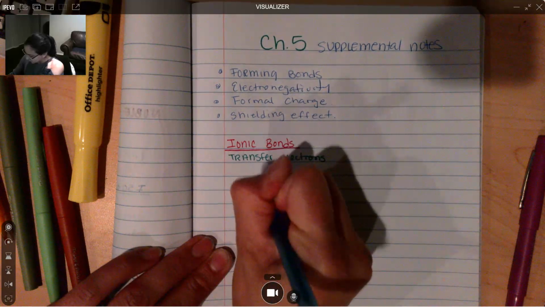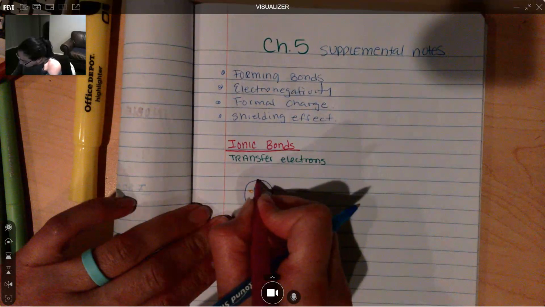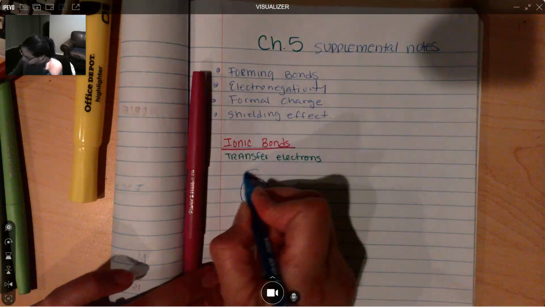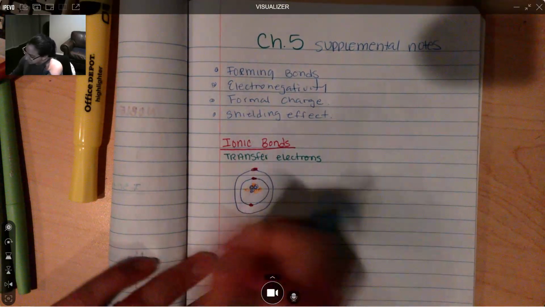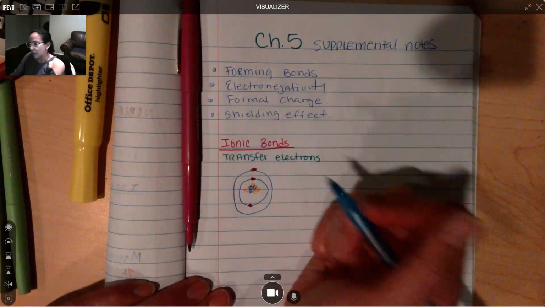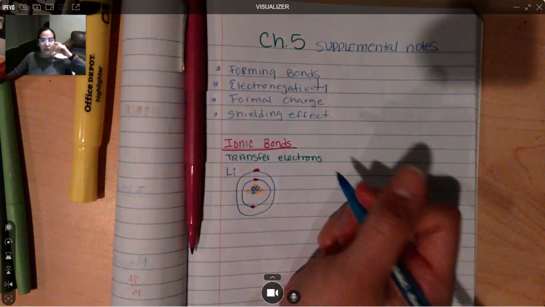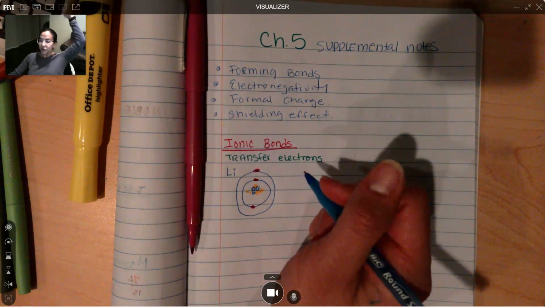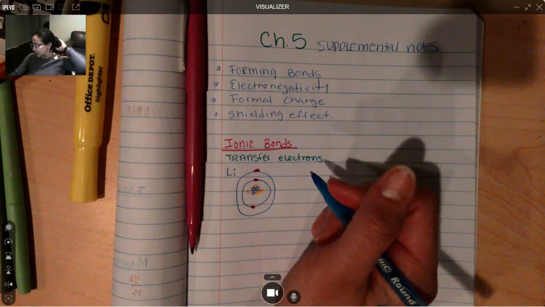Remember I said 3 protons, so that's going to be 1, 2, and lastly 3. Now if you guys recall, lithium is found in group 1 of the periodic table, so this is lithium. So therefore it has 1 outer electron, so 1 valence electron available for bonding.